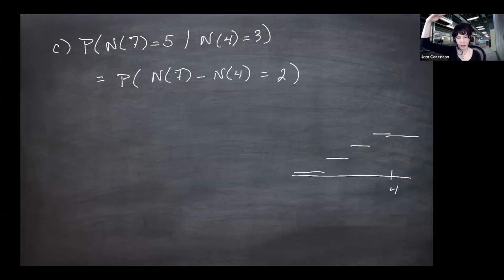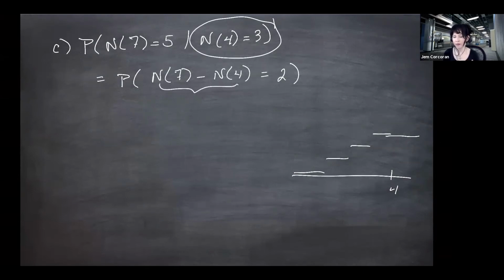So I want to count the total number of jumps at time 7 and subtract the total number at time 4, and I want to see 2 in there. And if you wanted to leave the conditional part, that's okay. But now in the next step, you would delete that because this increment, this random variable, is actually independent of N of 4.